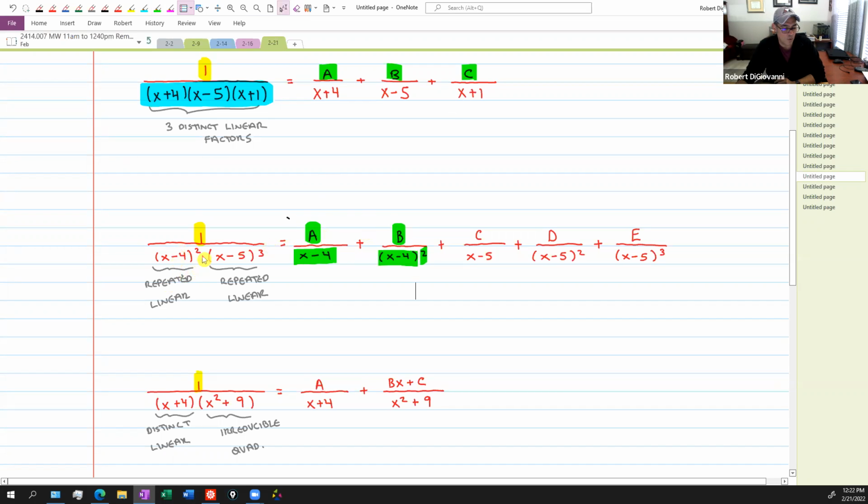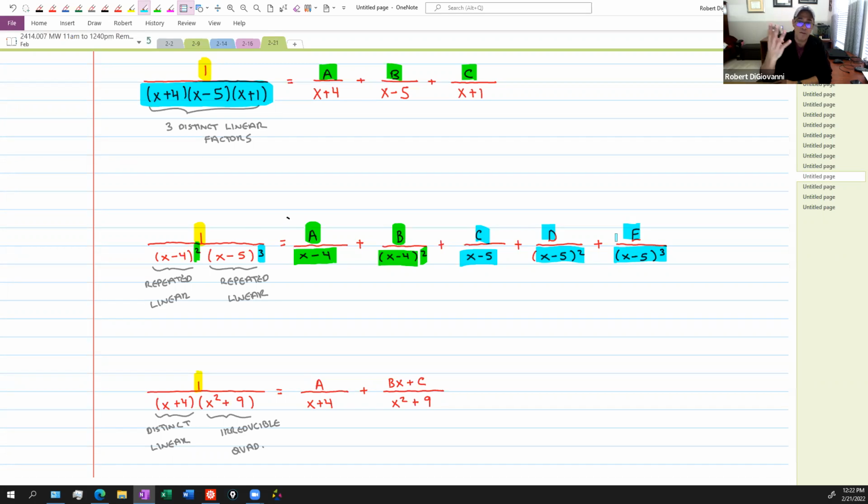Since this was squared, I stop when I get to squared. For the other linear factor, I have a cubed. So I put a letter over that linear factor, then another letter over that linear factor squared, and then another letter over that linear factor cubed. And that's where I stop. I stop when it gets to 3. If that had been a 4, I would do another letter over x minus 5 to the 4th.